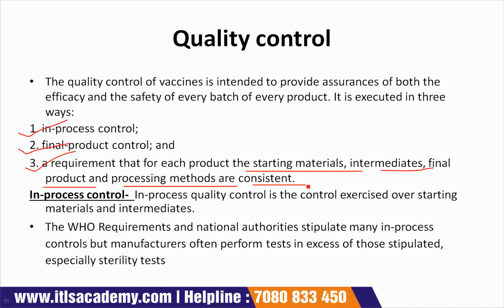The results of all quality control tests are always recorded in detail, as in those countries in which the manufacture of vaccines is regulated by law, they are part of the evidence on which control authorities judge the suitability or otherwise of each batch of each preparation.